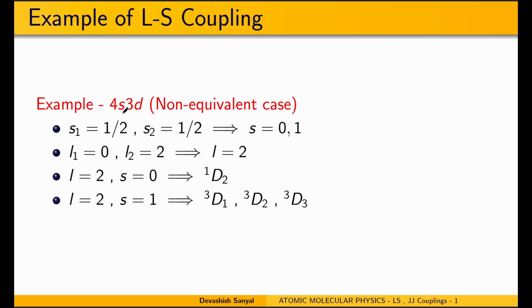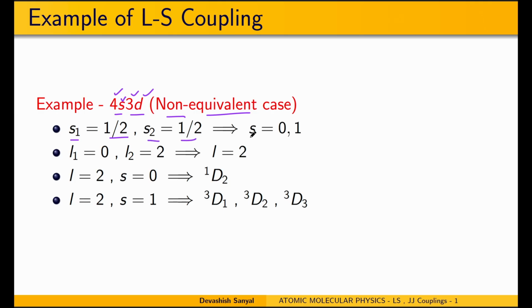So let us consider the example of two electrons. One electron is in the 4s state and the other is in the 3d state, and this is non-equivalent because the principal quantum numbers 4 and 3 are different, and s and d are different. One electron has spin quantum number half, and the other electron also has spin quantum number half.